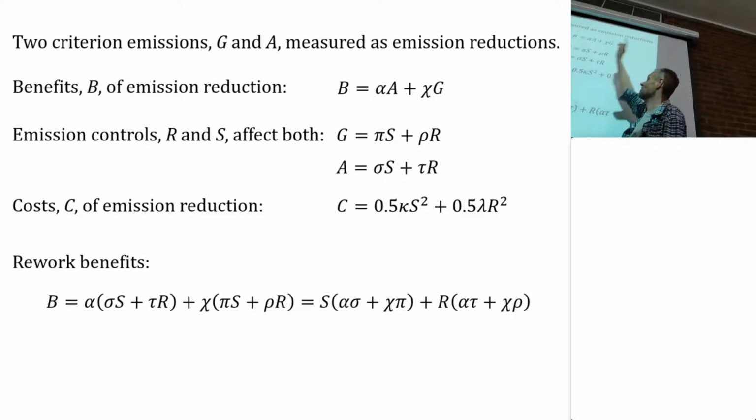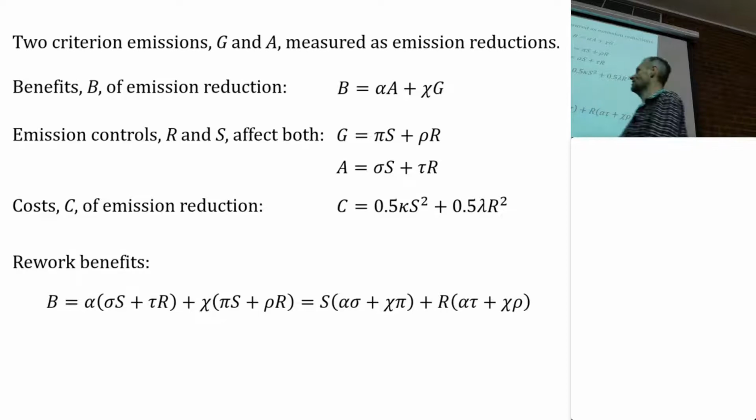Now, the benefit function is given here. We know what A and G are, so we can substitute that in to get this expression. And then we can sort of gather the S's and the R's to get this, what looks like an unwieldy expression, right?